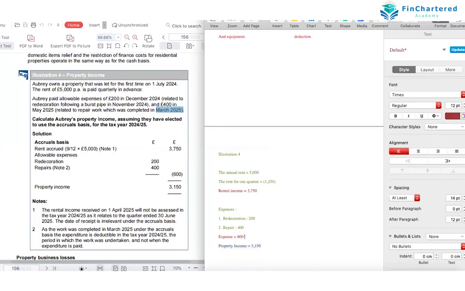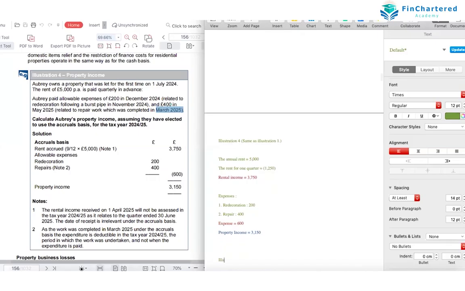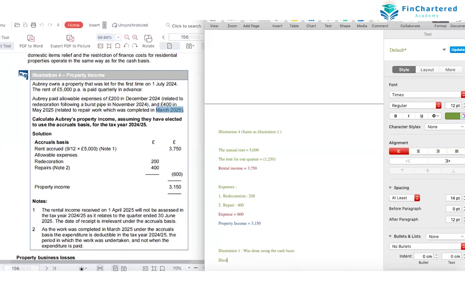With which illustration 4 is done. Illustration 4 is the same as illustration 1. The difference between illustration 4 and illustration 1 is illustration 1 was done using the cash basis, and illustration 4 done using the accruals basis.